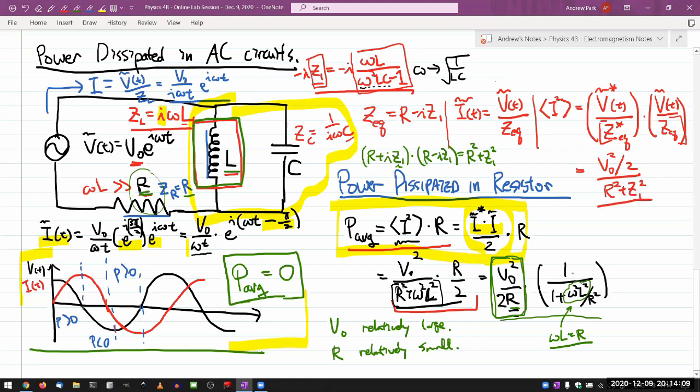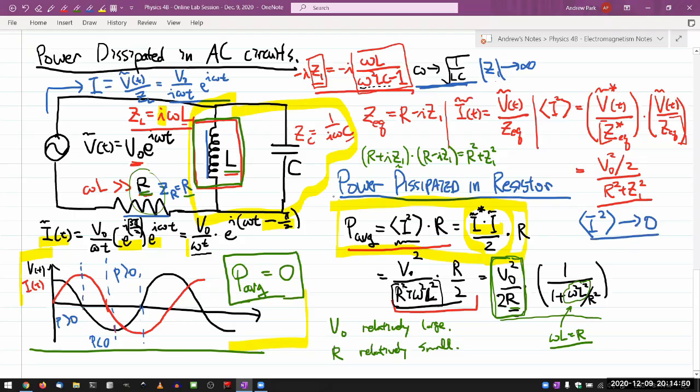And this is what I want you to see. Under this condition, the absolute value of G1 goes to infinity. So when this condition holds, what you're going to see for the current flowing out of the power source, the average of current squared, is going to go to zero.